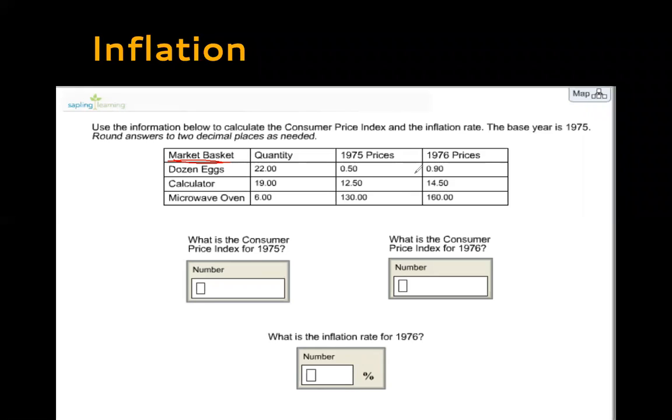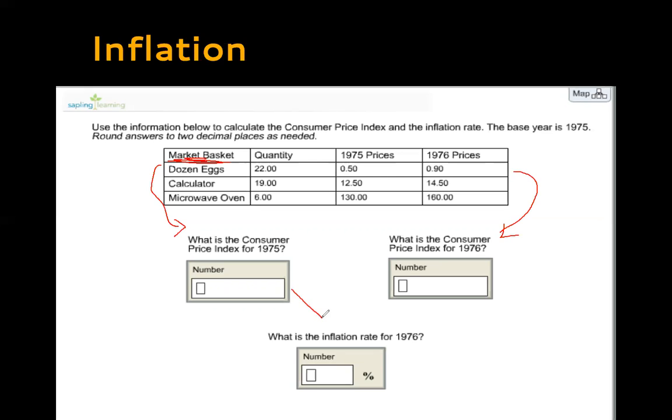So what happens is, you take the market basket, and you use those items to determine what is the CPI for each of those 2 years.